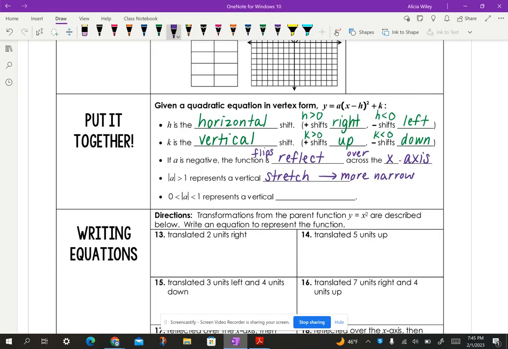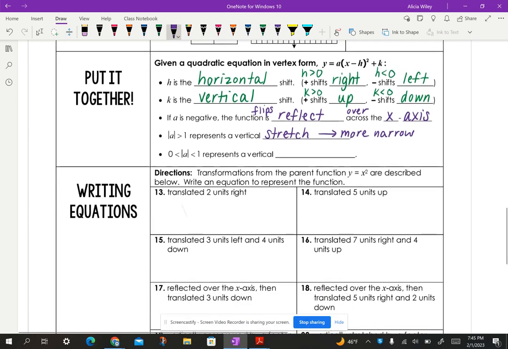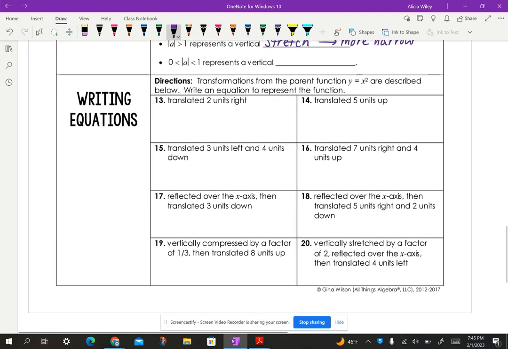Okay. So if we're looking at an a value between 0 and 1, like you saw I did 0.5, I did 0.125, this would be called a vertical shrink or compression, are the words that you will see.